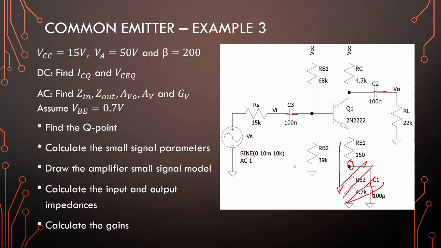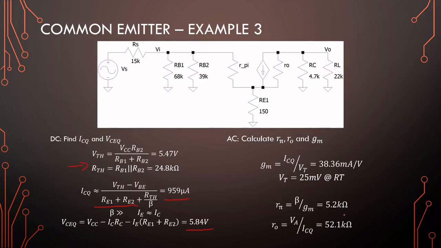So technically just a configuration with our RE2 here, and our RE1 will just sit here with our cap like that. So this is the parallel configuration, this is the series configuration. So the split emitter, we have two methods to implement it. Right, so then you can calculate the small signal parameters.